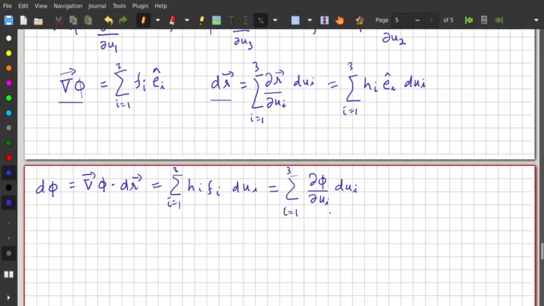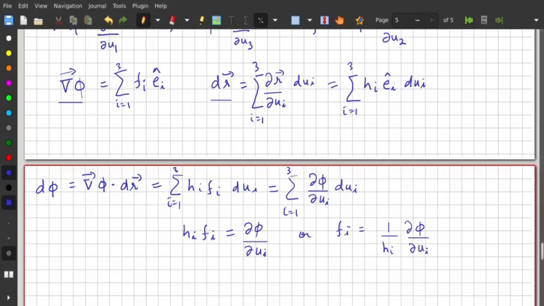If you see from here, we get a very interesting and useful identity between the scale factors. So hi fi is partial phi partial ui, or fi is 1 over hi partial phi partial ui.